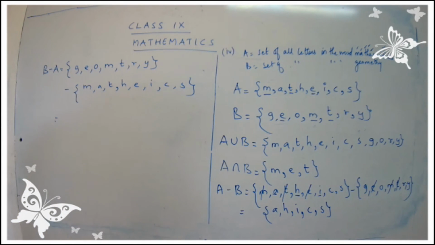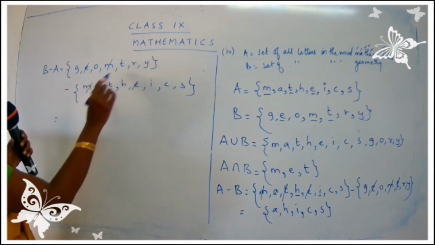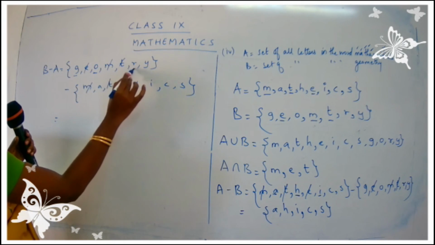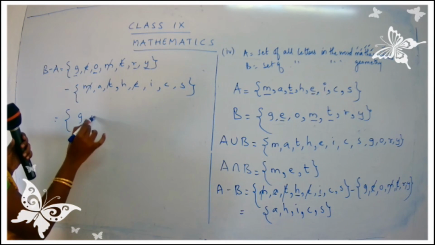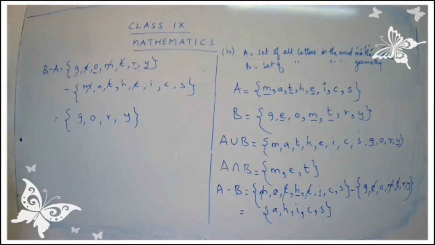Get the answers. So what can be cancelled here? E, M, T, that's all. So what is left in B? G, O, R, Y. Children, so B minus A is equal to G, O, R, Y.